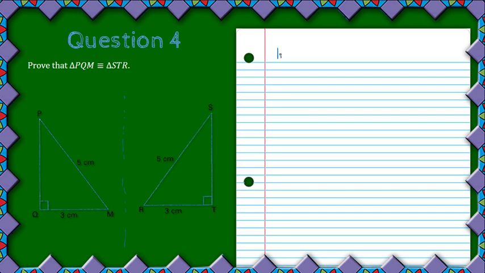So in triangle PQM and triangle STR, for our three sides or angles that are equal, we have that PM is equal to SR, which is equal to 5 centimeters, and it is given. Then we have that QM is equal to RT, which is equal to 3 centimeters.